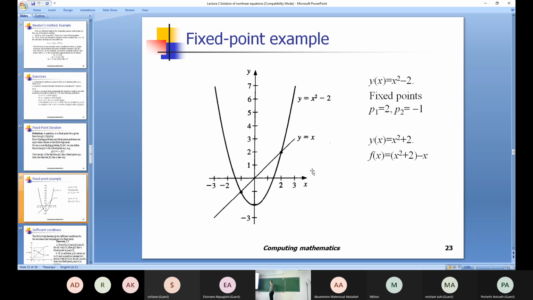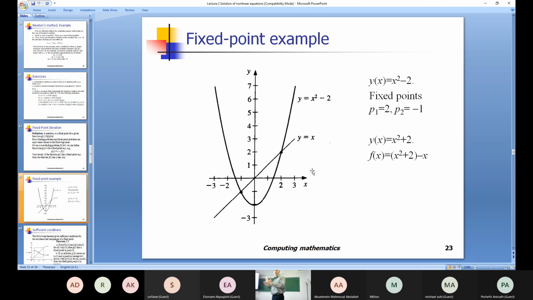Zero, 1, 1, minus 1, 1. This is x squared. This is x squared minus 2. Minus 2. We move this graph down by 2.